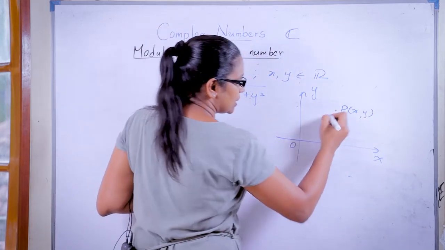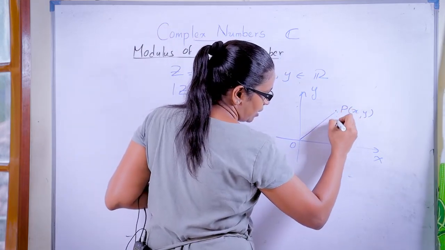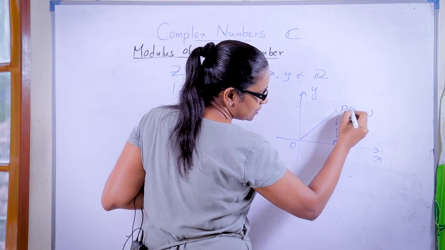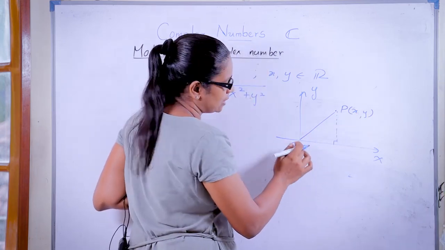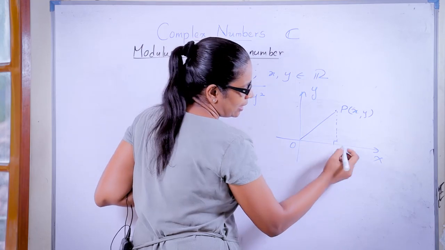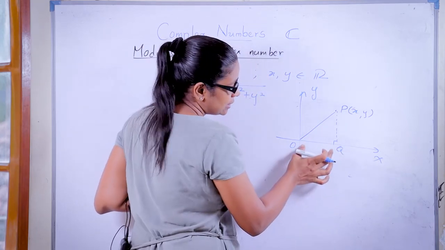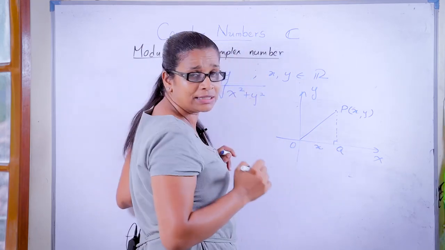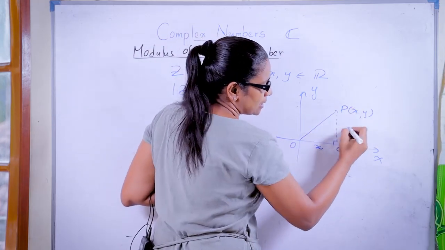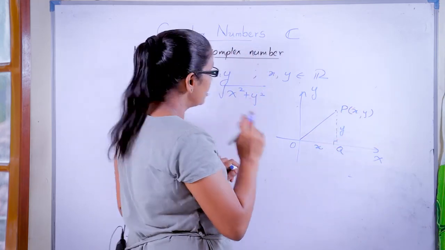Okay, so if I write this one, x means the horizontal distance from O to here, write it as Q. The distance OQ is represented by x and PQ is represented by y. So what is this one?